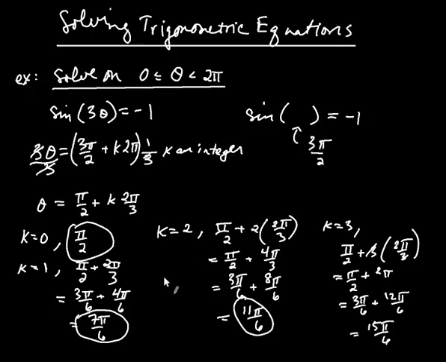Okay, so let's go ahead and see what exactly we're talking about here. We have three solutions, right? Pi over 2, 7 pi over 6, and 11 pi over 6. Let's write those on another sheet here. So pi over 2, 7 pi over 6, and 11 pi over 6.